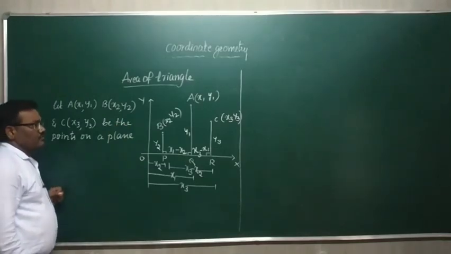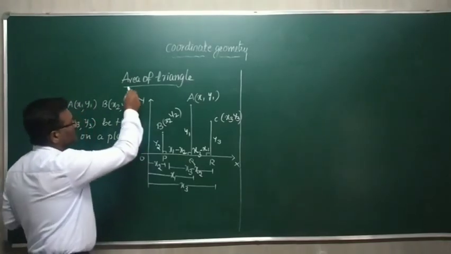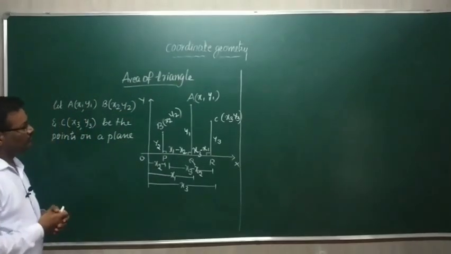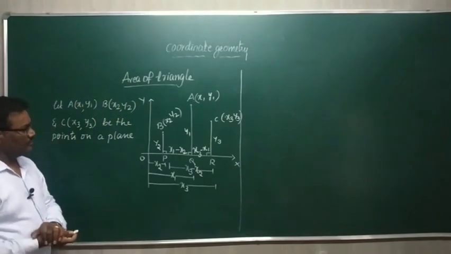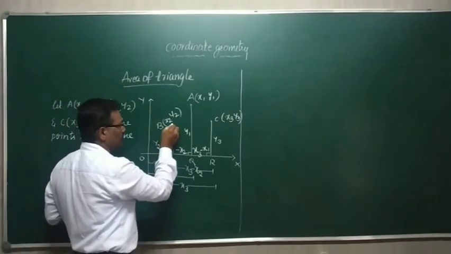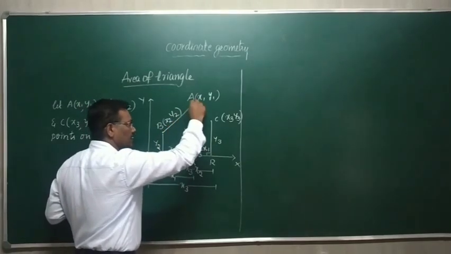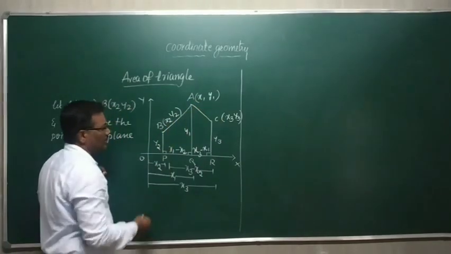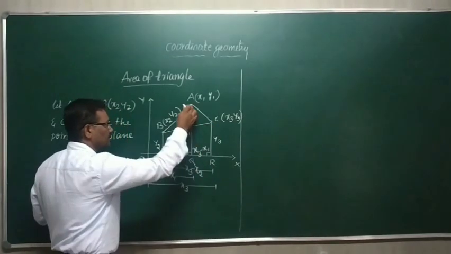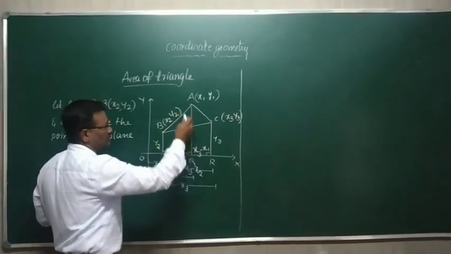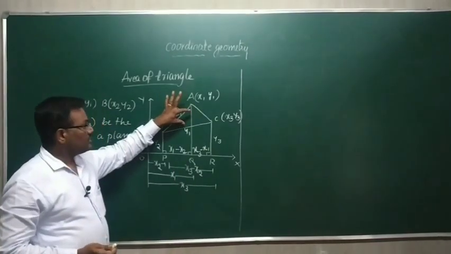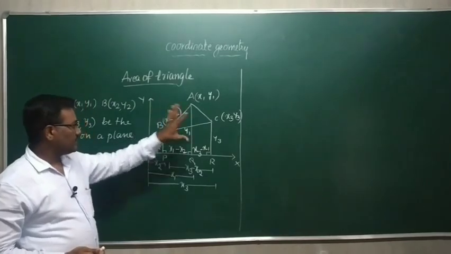What is our intention? We are finding here the area of triangle. For getting area of triangle, we need to join AB, AC and BC. Now we got the area ABC. Actually we have got the triangle. Here we are finding ABC area.